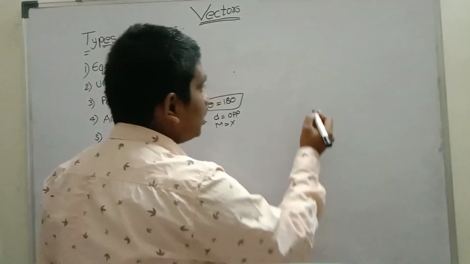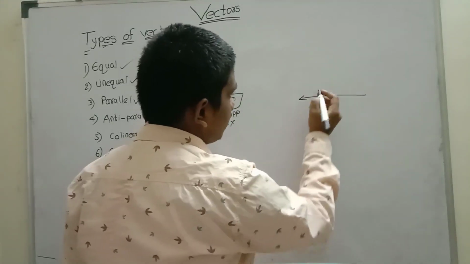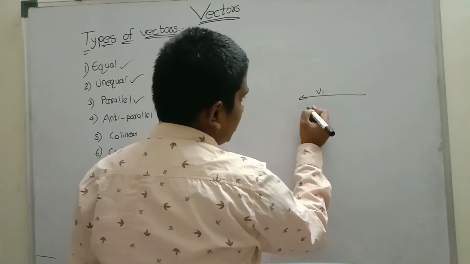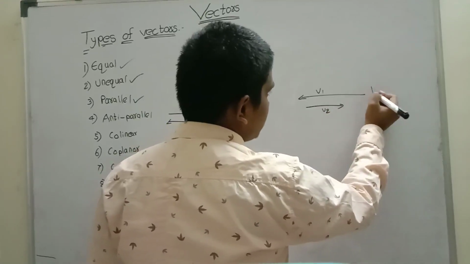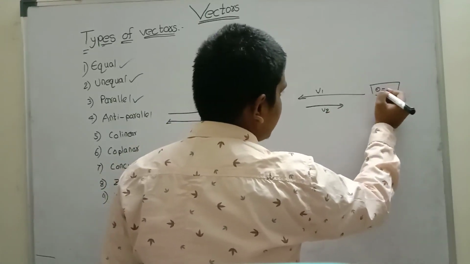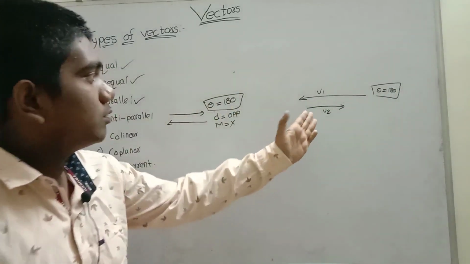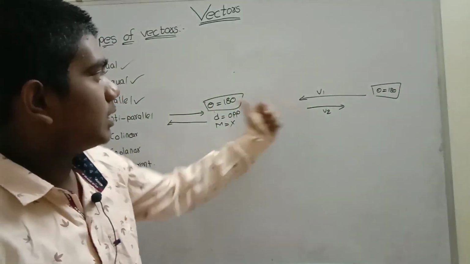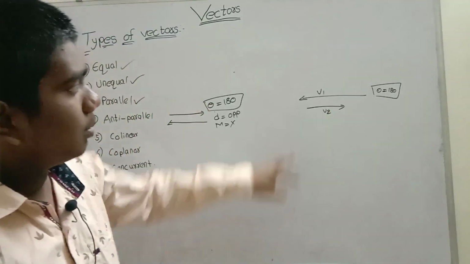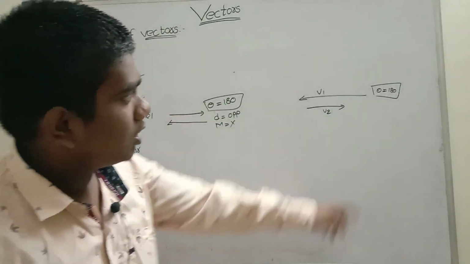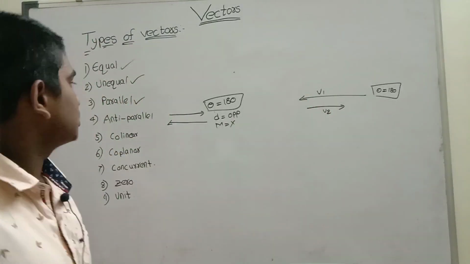Let us take one example. There is a V1 vector like this and another one like this, V2. The angle between them is 180. Theta is 180. They are in opposite directions because V1 is facing the west side and V2 is going towards the east side. Magnitude doesn't matter here. So they are anti-parallel vectors.